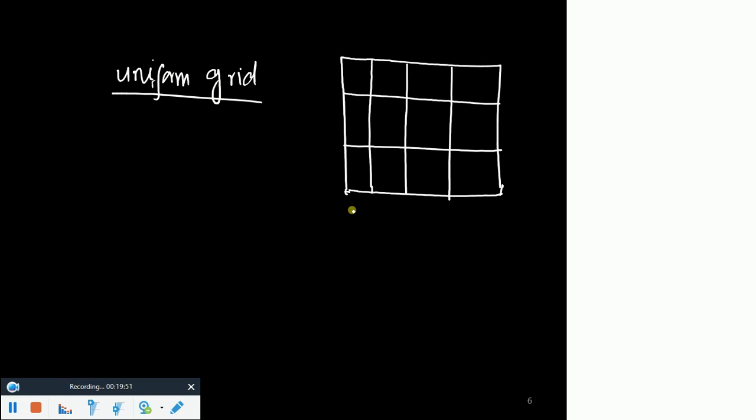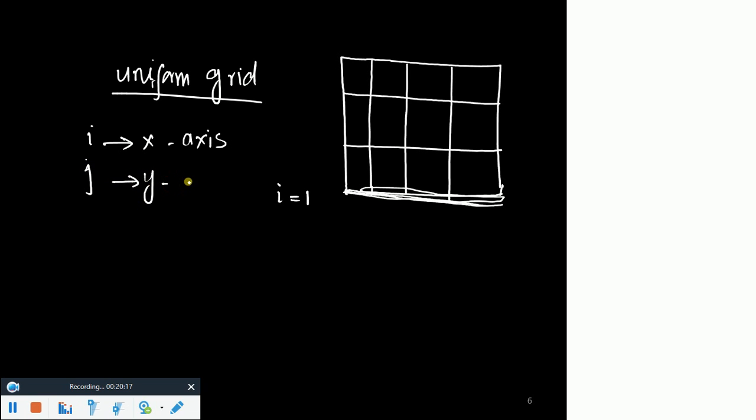Okay. Now here, just see, if I say that this whole line, this first line, you can say this is the first street in a block. This first street has i index equals 1. Sorry, I would use i index for the x axis and j index for the y axis.